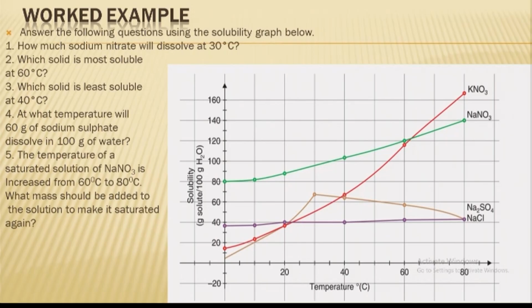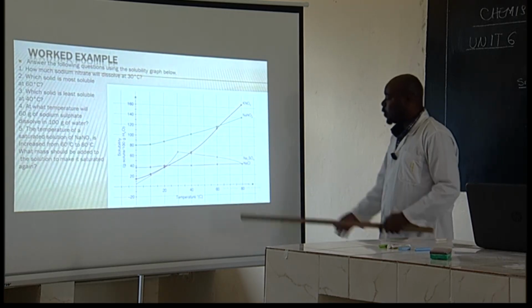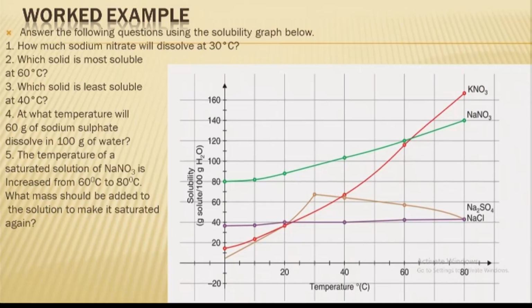Let us go to the next question. Which solid is most soluble at 60 degrees? What do we have to do here? We consider the temperature. At 60 degrees, we are here. And then you consider the curve which has the highest value of y, because we have the same value of x, temperature.